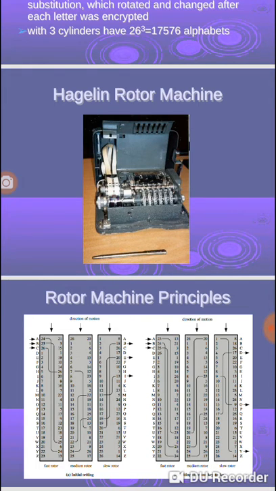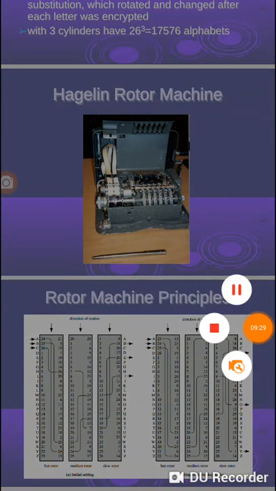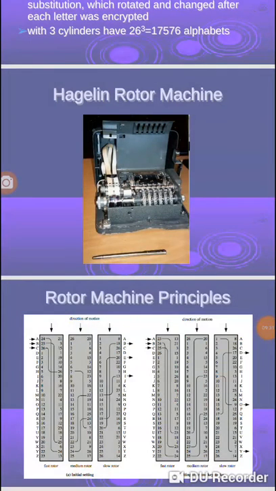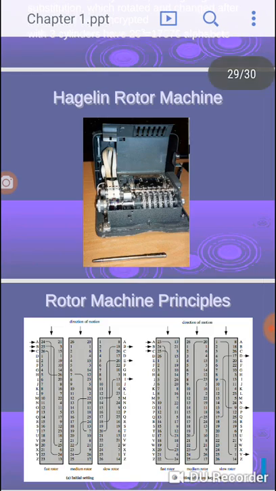The arrow shows the direction of the motion. We have the alphabets from A to Z, A, B, C, D, E, F, G, H, I, J, K, L, M, N up to Z. The other side shows the pin numbers, which start from 24, 3, 15, 1, 19, 20, 14. In that way the rotor machine principle works.